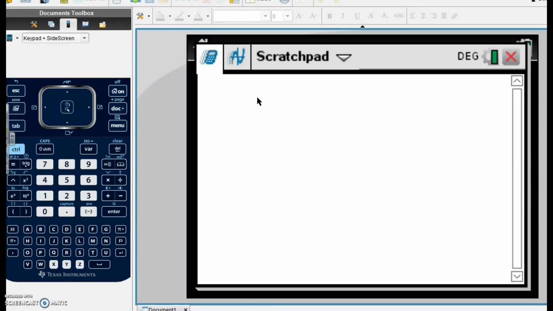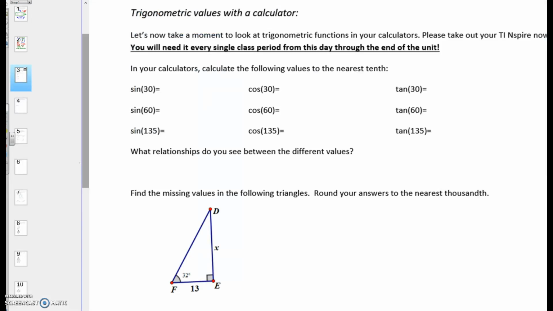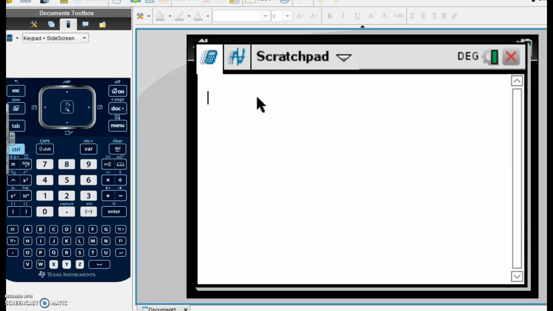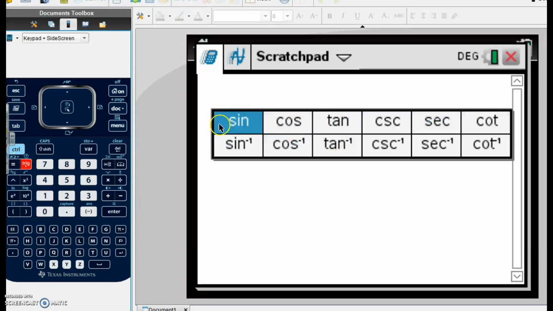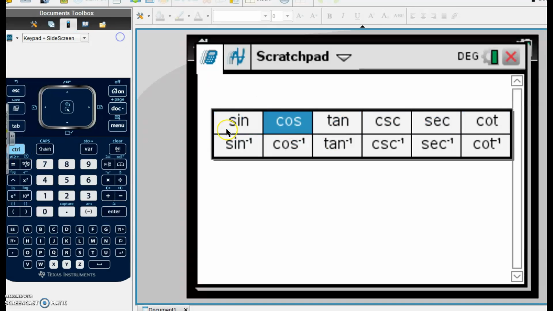So let's take a look real quick and see how we're going to use the calculator to help us. I want to calculate the sine of 30 degrees. So when I go into my calculator, we actually have this button right here. It says Trig. If I click the Trig button, I've got all of these options.